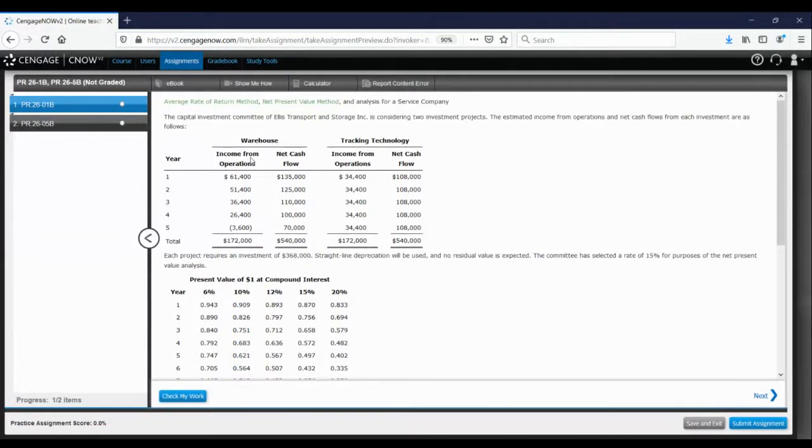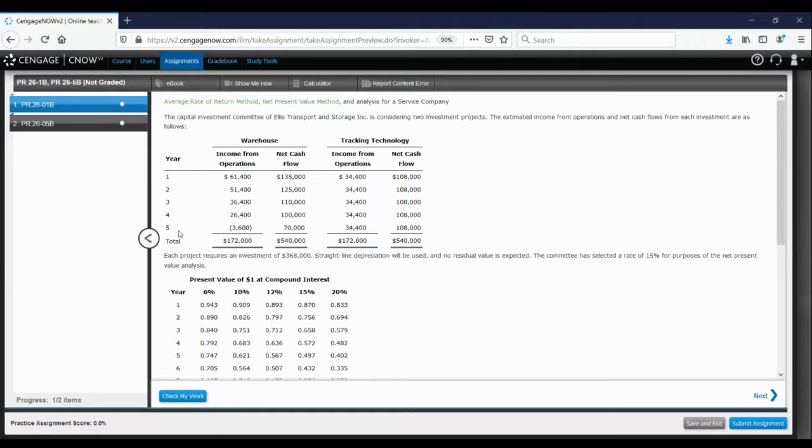So notice they've given you for the warehouse the income from operations for year 1 through 5. This warehouse has a useful life of 5 years. That's what they've estimated the life of this warehouse to be.